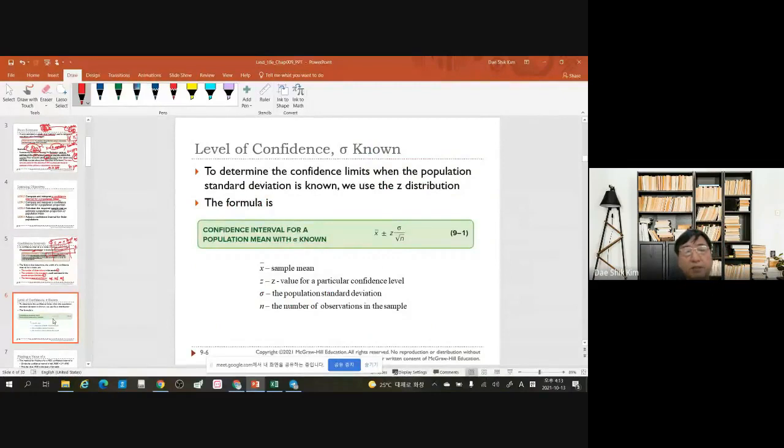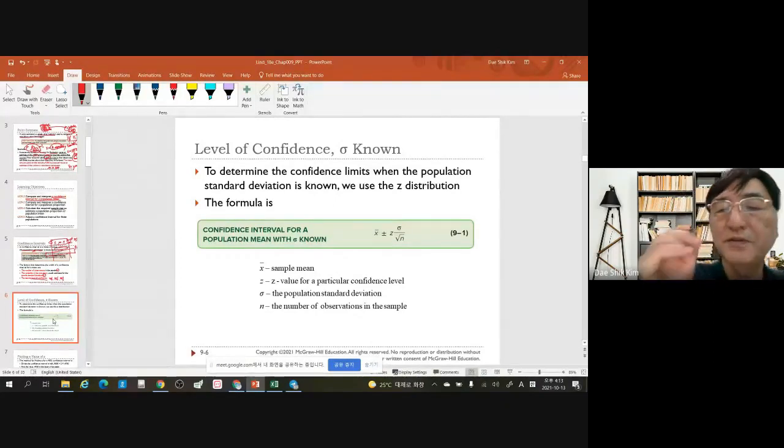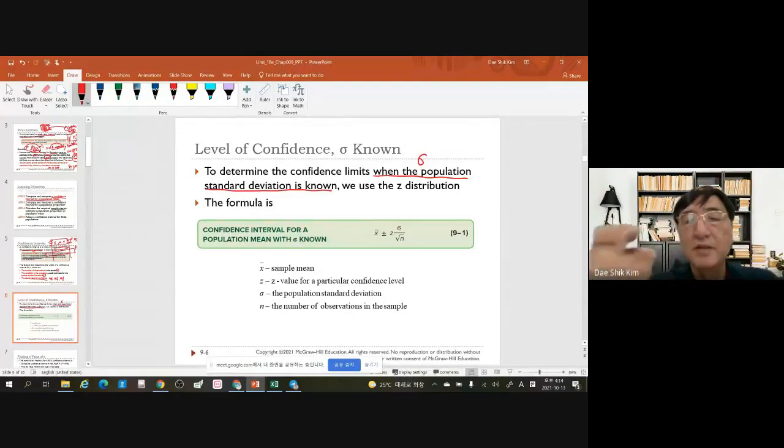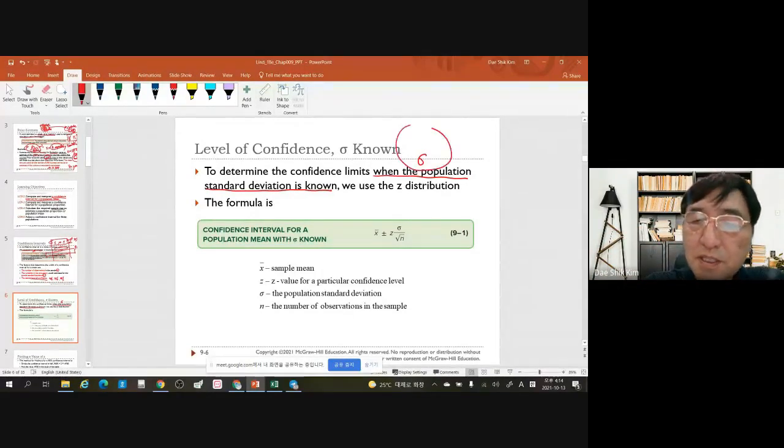Let's look at an example to determine the confidence limit when the population standard deviation is known. Underline here: when the population standard deviation sigma is known, mu is unknown, but sigma is known based on our historical data, then we can use the Z distribution.